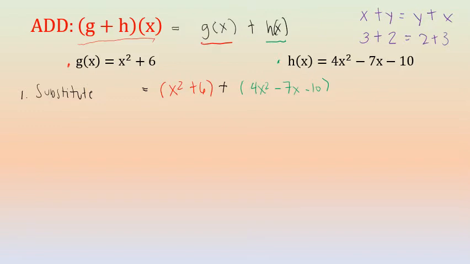Kasi even pagbaliktarin natin yung dalawang functions, sabihin natin mauna si h of x kaysa kay g of x, still we will arrive at the same answer. Bakit? Because of the commutative property of addition. Okay? So again, kapag addition, just drop the parentheses. Ganun lang kadali.